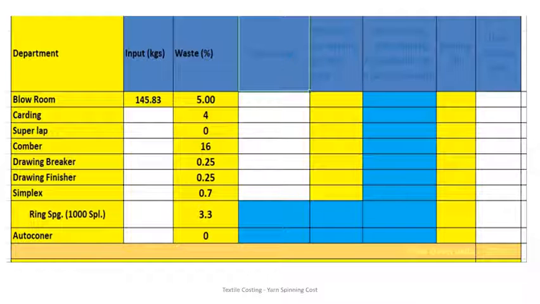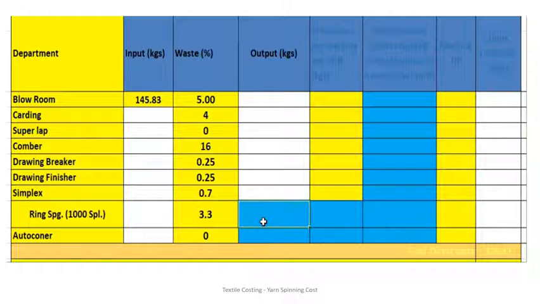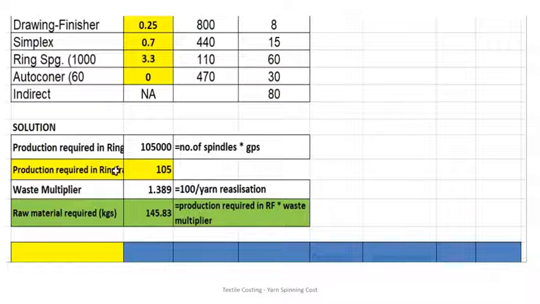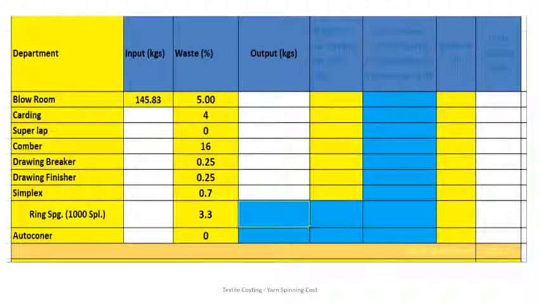So we have to calculate the output kgs of each department. First of all, we have to enter the output, because we know that we need a ring frame production of 105. We have to write that directly, because while accounting for invisible losses, we may go into a wrong calculation. So we write this first.